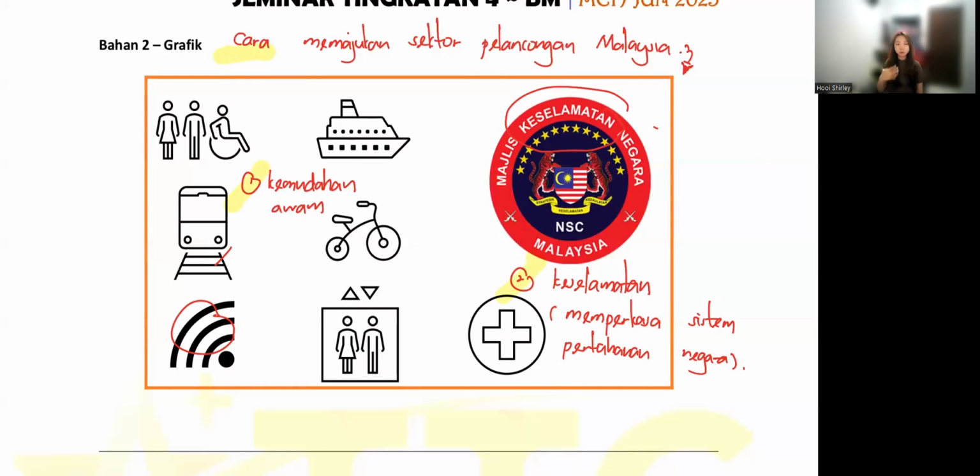But right now is the problem on how are you going to deliver? I mean, present your answer. Improve the Wi-Fi to 5G. Also can, which is menaik taraf kemudahan awam. Menaik taraf, it means to increase the standards, to improve. 5G, I think some of the areas have already, some selected area, okay?